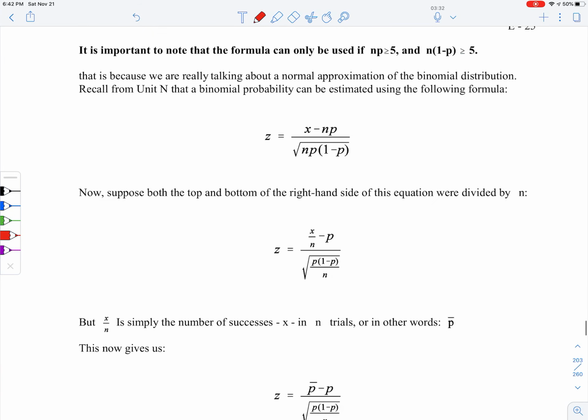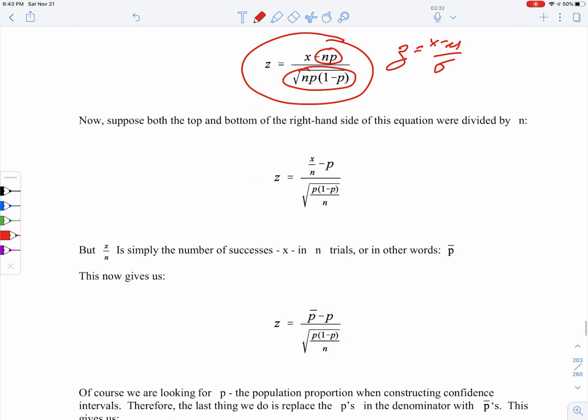Now, where does that come from? Well, it actually comes from this formula here. Remember, our usual standardization formula is x minus mu over sigma. But we said that for a binomial distribution, mu is equal to n times p, and sigma is equal to the square root of n times p times 1 minus p. What if we were to divide the top and bottom by n?